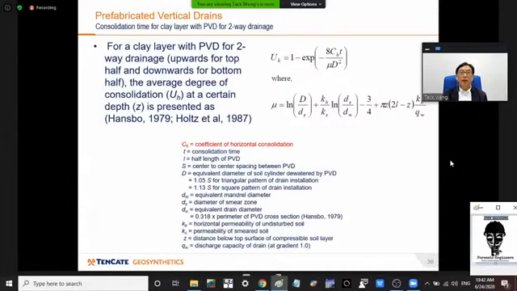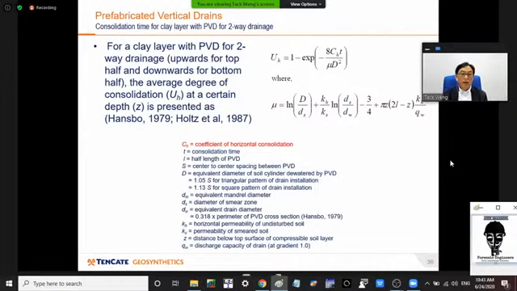And for a clay layer with PVD of two-way drainage upwards, you have various factors in there, which include the coefficient of horizontal consolidation, the half length of the PVD, the spacing, the equivalent diameter, depending on whether you install in a grid form or a triangular form, and then the effect of smearing.